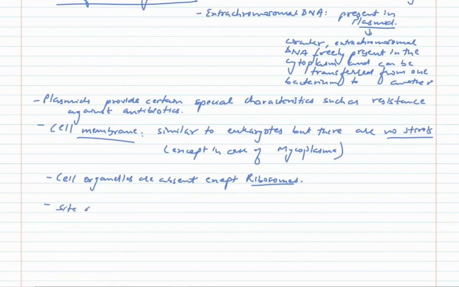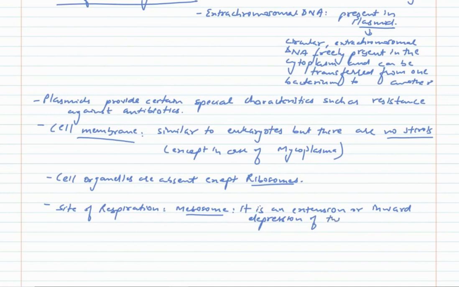The site of respiration is known as the mesosome. Mesosome is an extension or inward depression of the plasma membrane. Mesosome also helps in cell division.